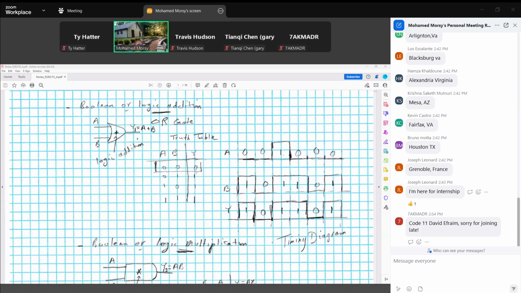The output is 0 if the two inputs are 0 at the same time. We are very careful about the transitions, like transition from 0 to 0, or 1 to 0, or 0 to 1. So we look at where both inputs are 0, and within this time interval, the output will be 0.